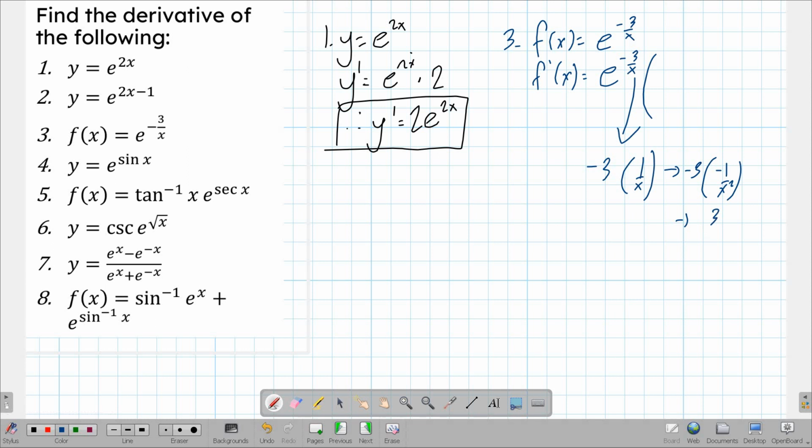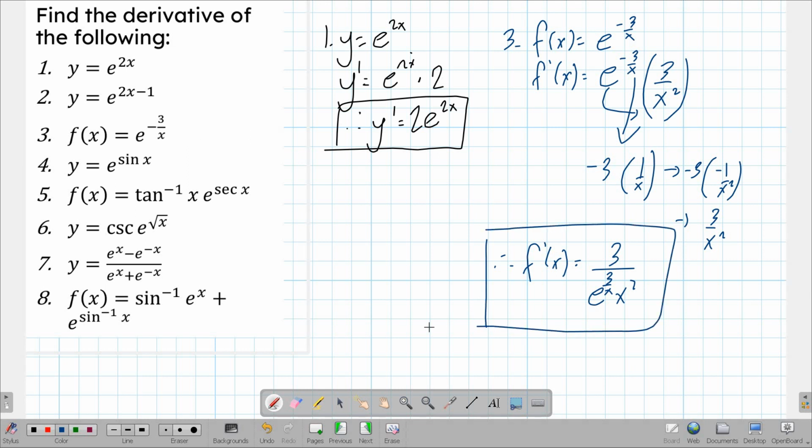This is u prime already. Since the exponent is negative, I need to write it in the denominator. Therefore, f prime of x is actually equal to 3 over e raised to 3 over x times x squared.